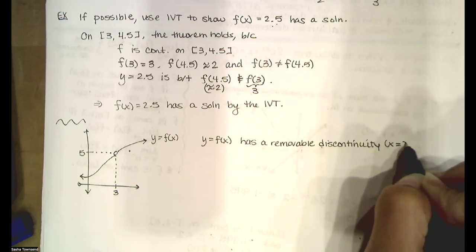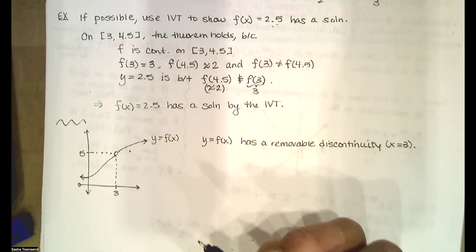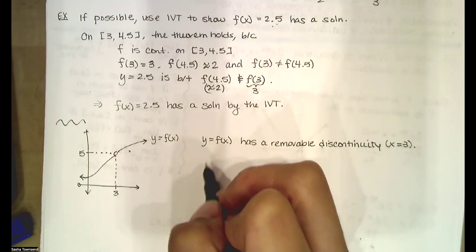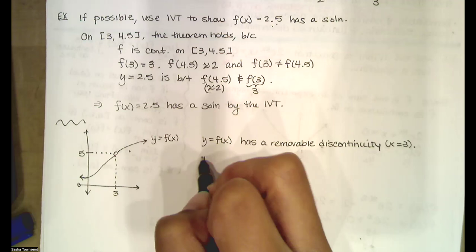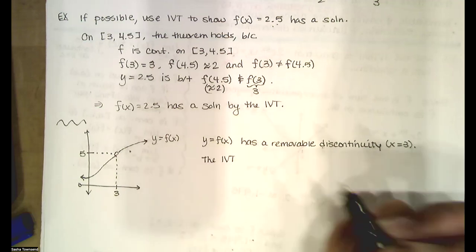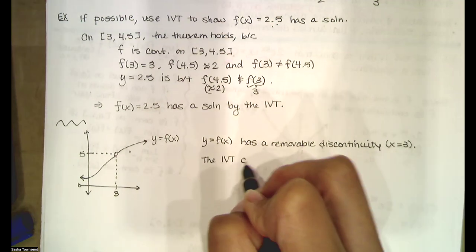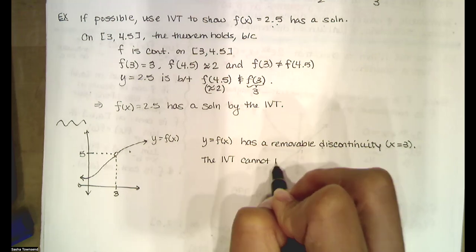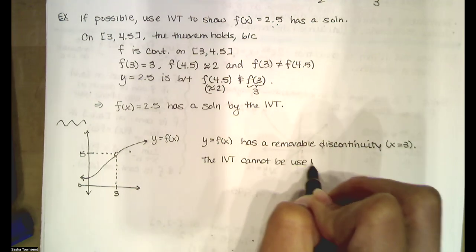That x equals 3. And so the intermediate value theorem cannot be used on any interval containing 3.